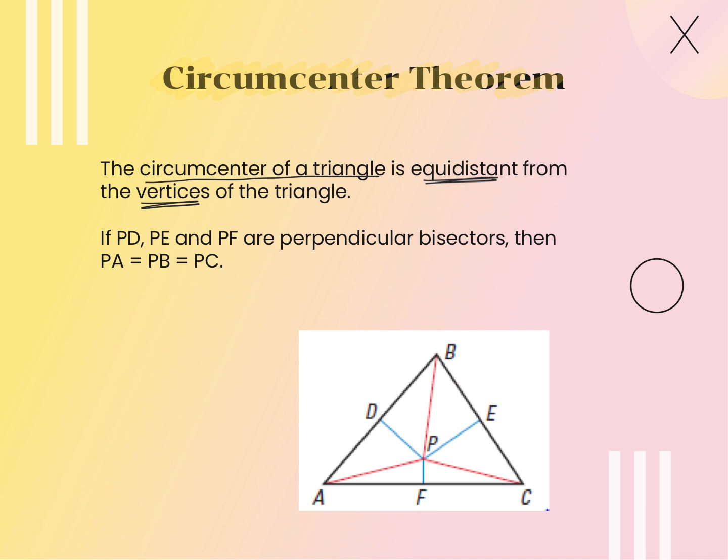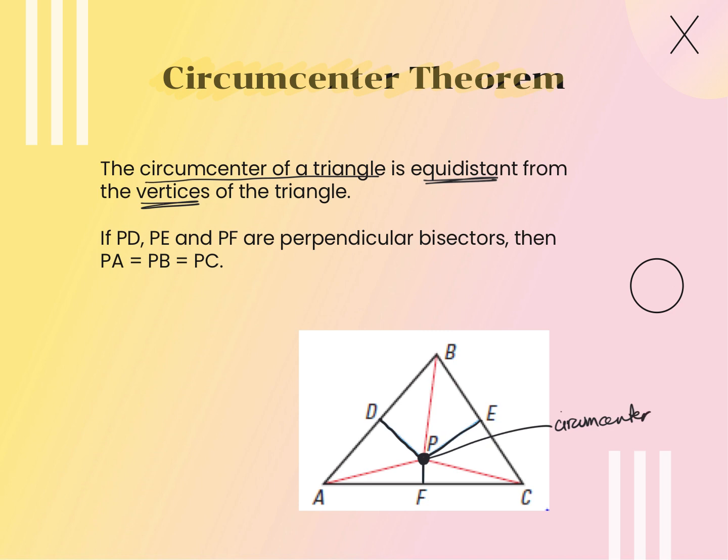If you notice, in this picture they drew the perpendicular bisectors, basically D to P, F to P, and E to P. These are my perpendicular bisectors. Because they're my perpendicular bisectors, where they meet is the circumcenter, okay?